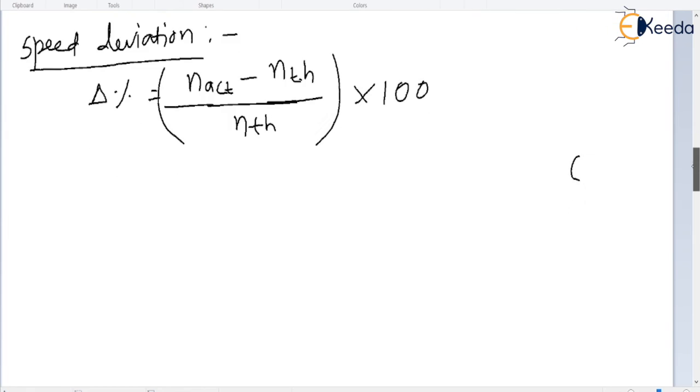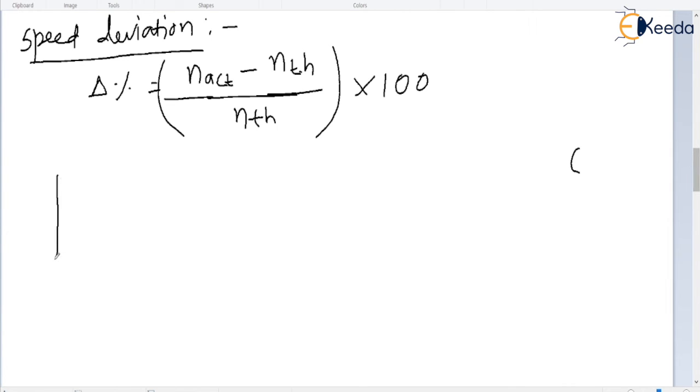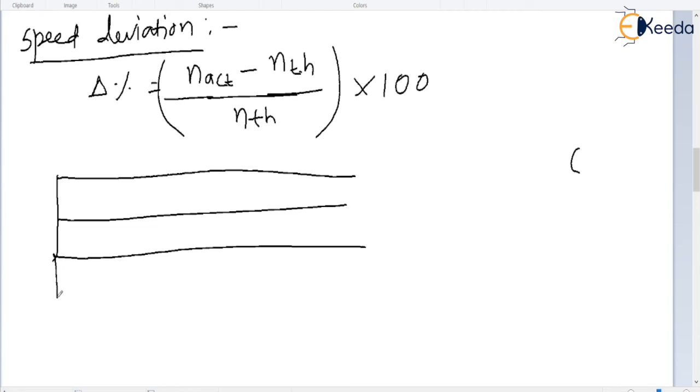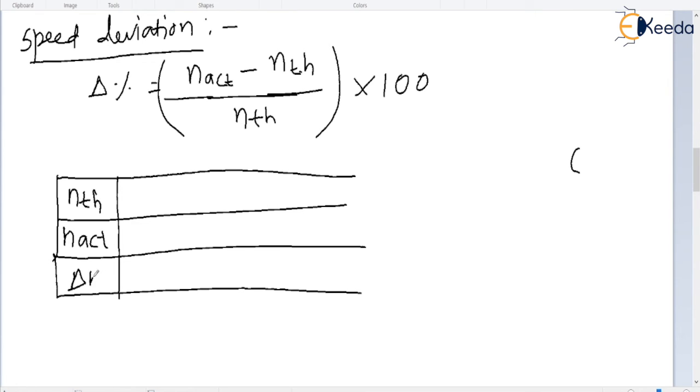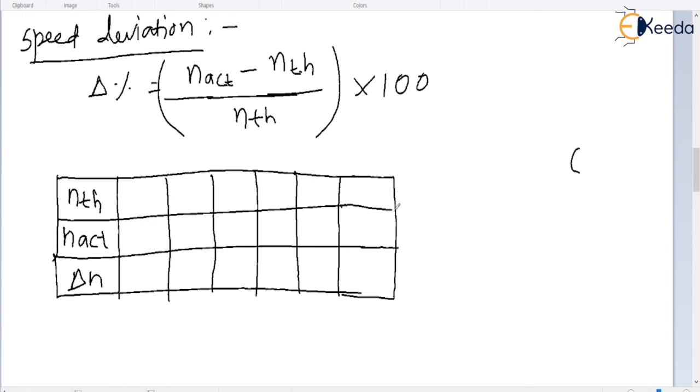Now for that, the next process, we are going to make one table. In that table we will write down first n theoretical, then n actual or practical, and delta n. There are 6 speeds, 1, 2, 3, 4, 5, and the last is 6.